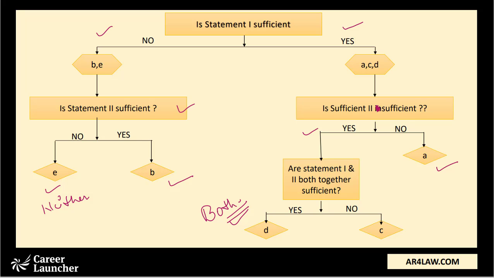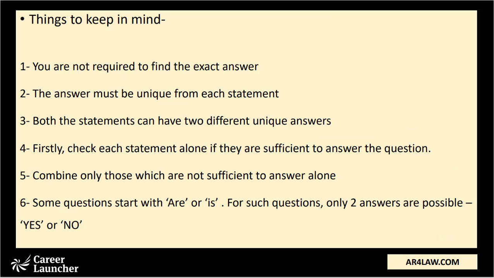If not, that means each of the statements independently can lead us to a solution, and then we would mark C, which means either of the statements can lead us to an answer. So this is the basic process flow, or the flow chart, that one needs to keep in mind while solving data sufficiency questions.